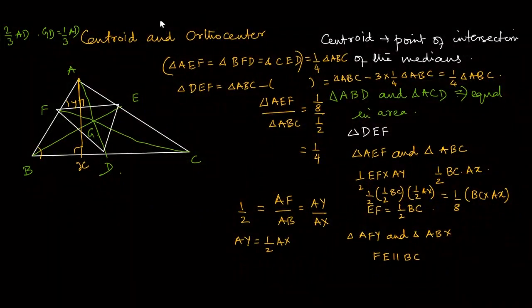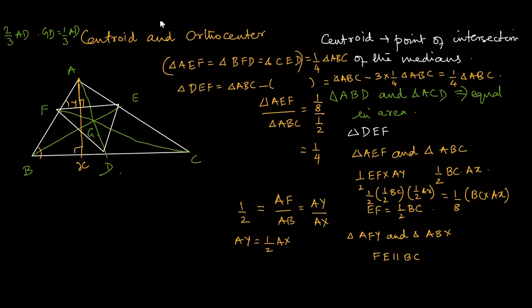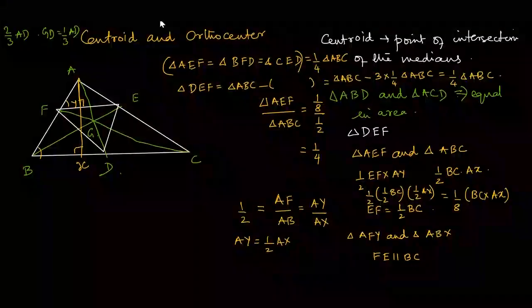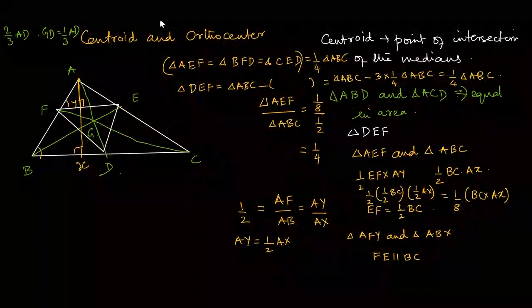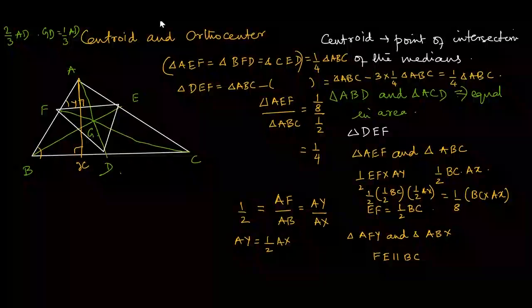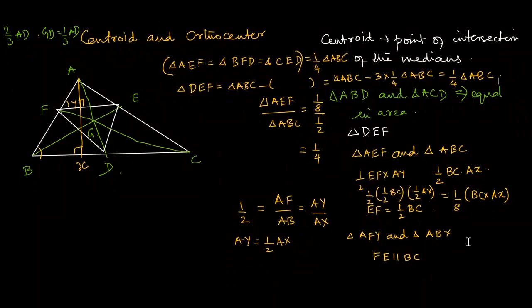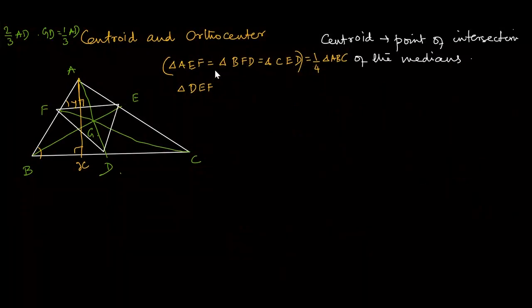You can be given the area of any of these four triangles and you can be asked the area of the bigger triangle or the other way around. So this is another very, very common question that might come. What is the third type of question that might come? We'll see that also.